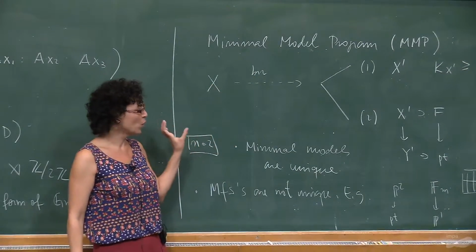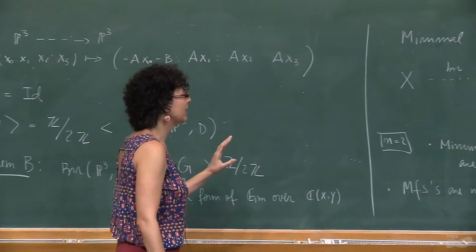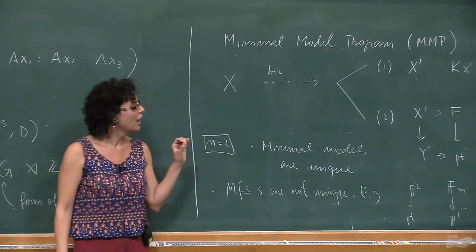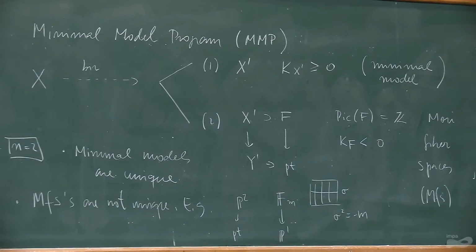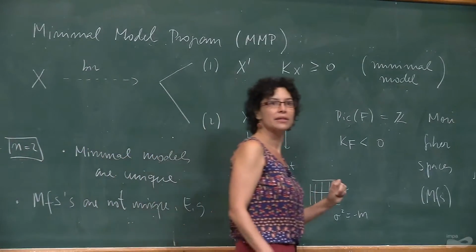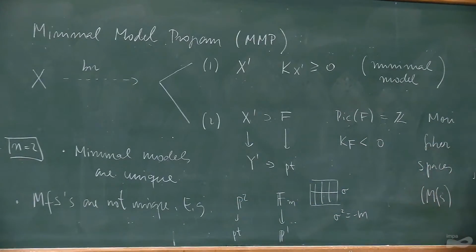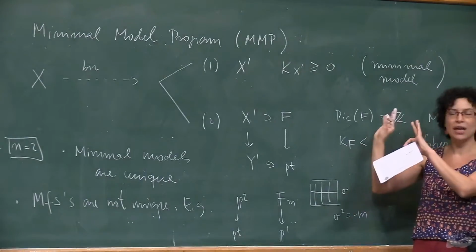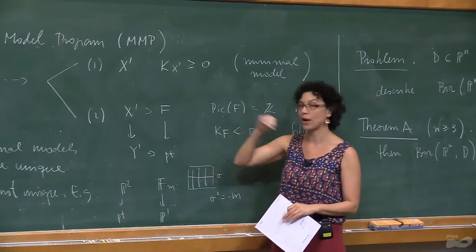Let me just say a few words about higher dimensions. In higher dimension, things get much more complicated. Let me mention two difficulties that appear. First of all, you have to allow for singular varieties. It's not possible, as in the case of surfaces, to remain in this smooth universe. You have to allow some singularities, but the theory of the singularities that must be allowed in a minimal model program is very well developed, and we understand which singularities we have to accept in order to have a program like this.